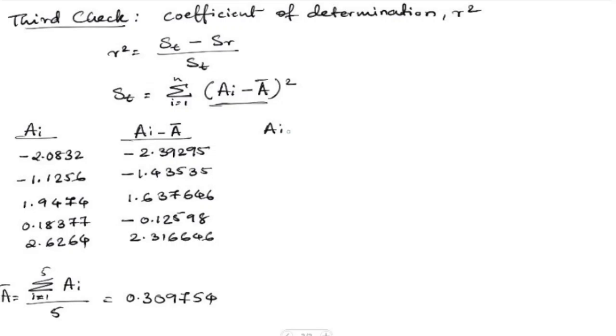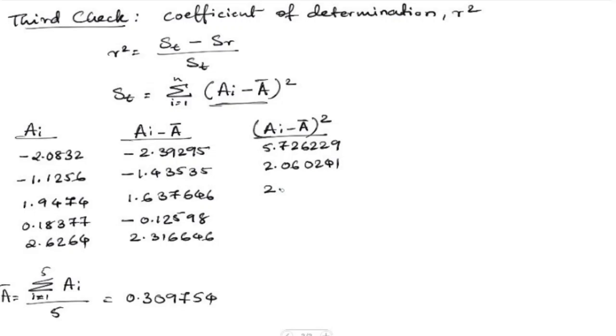So now we need to square these values here. So Ai minus A bar squared. So we square each value now, which will give us 5.726229. Then we have 2.060241.